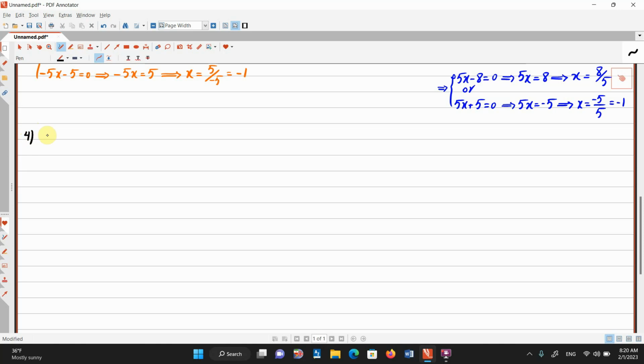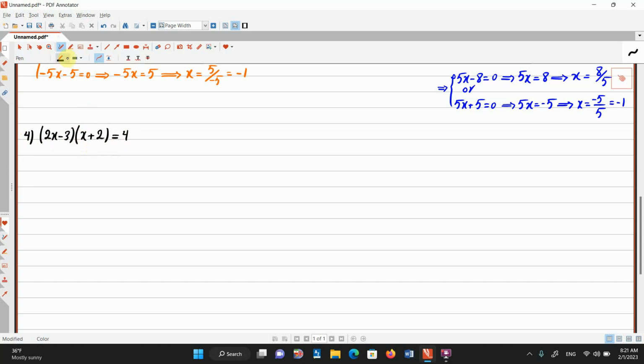Number 4, parentheses 2x minus 3 times x plus 2 equals 4. As you see, this equation is not in standard form.